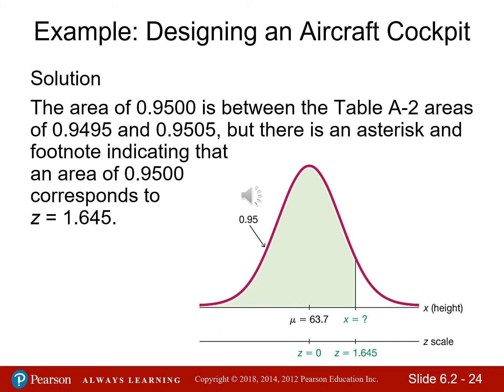In Table A2, we find that the area of 0.9500 is in between the two areas of 0.9495 and 0.9505. You'll see there's an asterisk, and in the footnotes it indicates that the area of 0.9500 corresponds to the value of z equals 1.645.